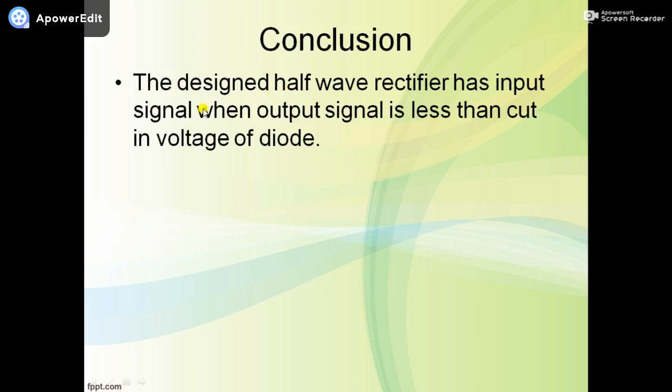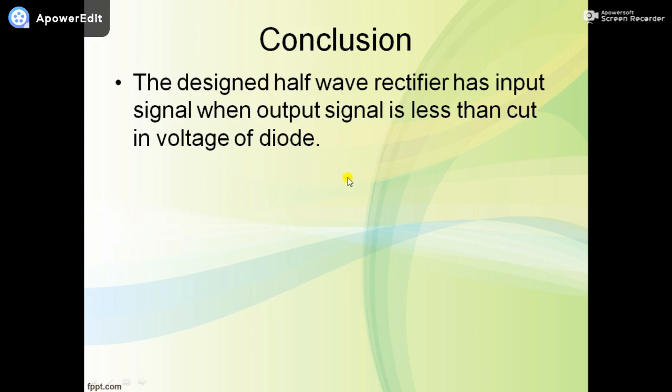Then conclusion. Whatever we designed, the half-wave rectifier circuit has a low input signal, that means Vi is equal to 0.5 volt, and this signal is rectified even though it is less than the cut-in voltage of the diode.